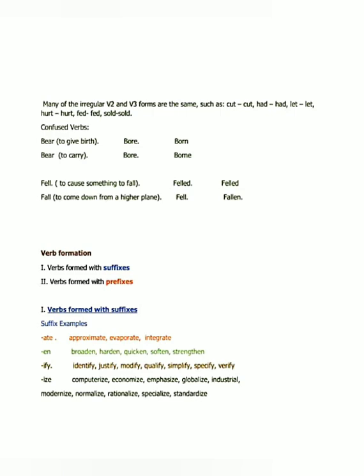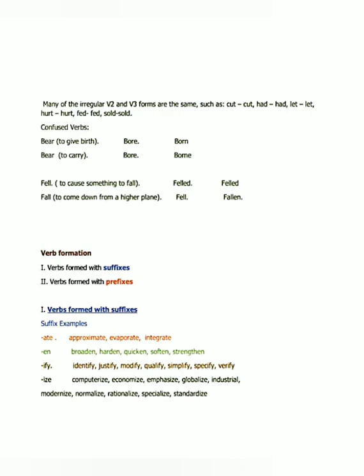Now there are several other confusing verbs besides this, like fall, fell, fallen, and fell, felled, felled. Fall means to come down from a higher plane or higher space. Its past form is fell, F-E-L-L, and the past participle is fallen. And another fell is to cause something to fall.